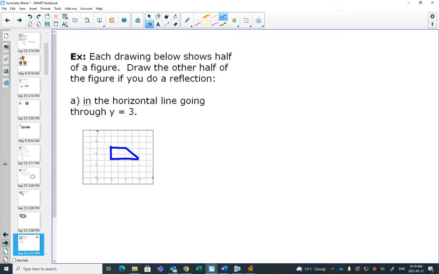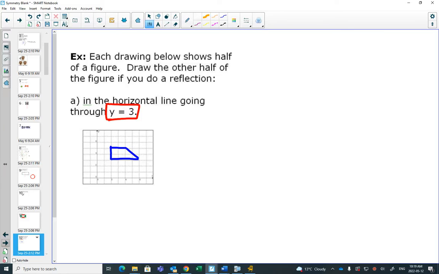Each drawing below shows half of a figure. Draw the other half if you do a reflection in a horizontal line going through y equals 3. So here, we have to know, what does the line y equals 3 look like?